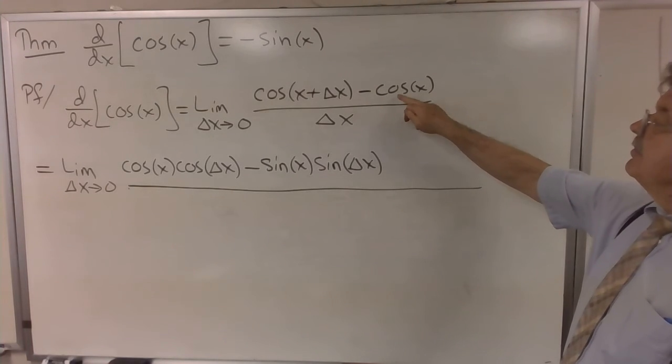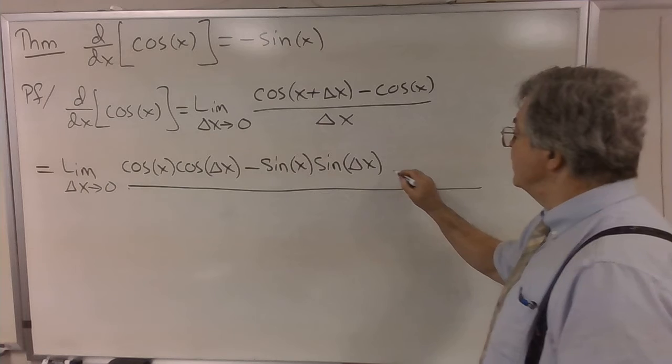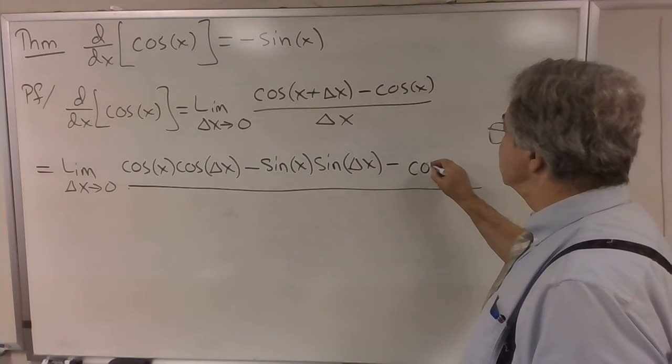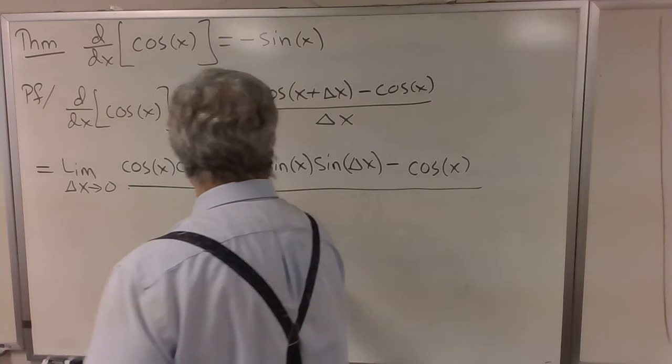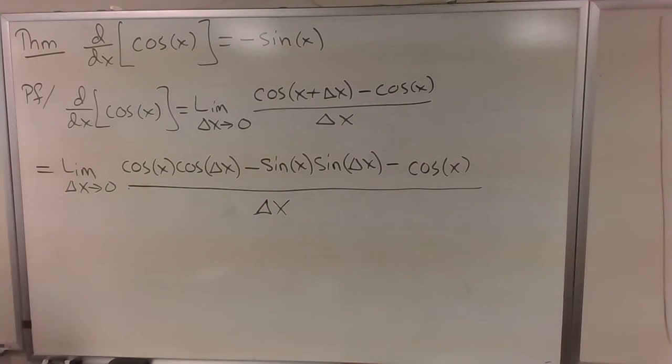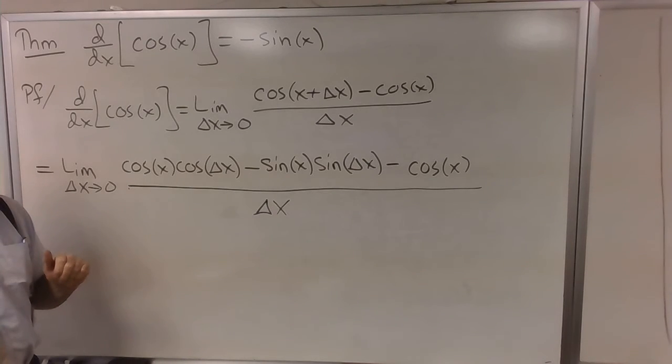And let's not forget this term, minus cosine of x all over delta x. And the thing that I did with the proof of the derivative of sine of x, I'm going to do with the derivative of cosine of x.